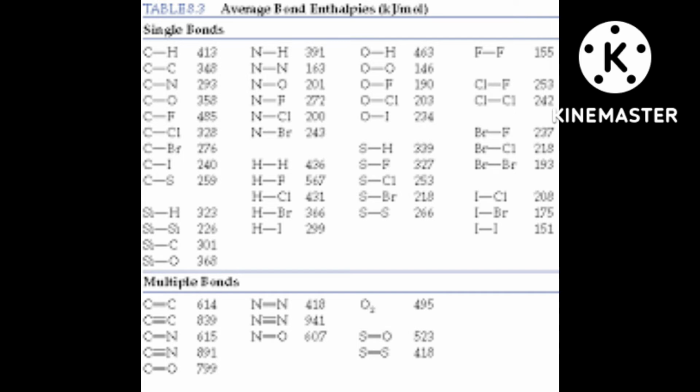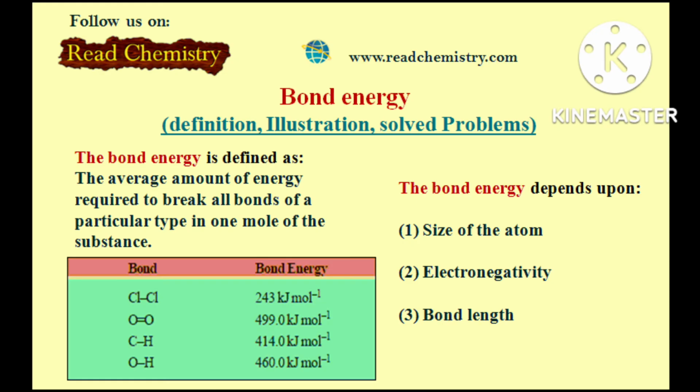In the case of oxygen, it will give 2O in gaseous phase, and the heat, the bond energy, will be 428 kilojoule per mole. So bond dissociation energy and atomization are the same in the case of diatomic molecules.